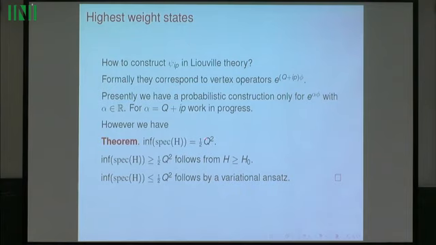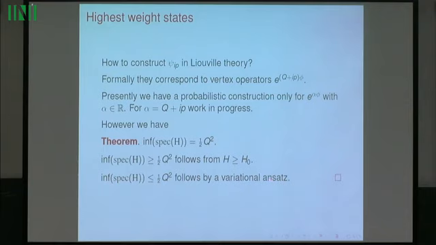That's actually not very difficult. That the infimum of the spectrum is bigger than that follows from the fact that the Liouville Hamiltonian, in a certain sense, is bigger than the free field Hamiltonian, and the free field spectrum starts from here.